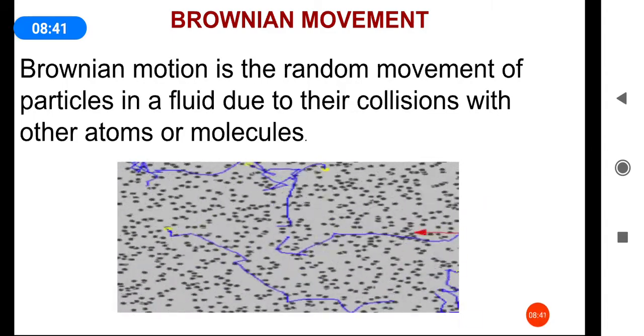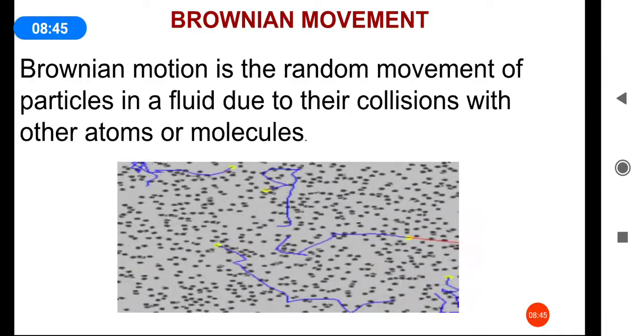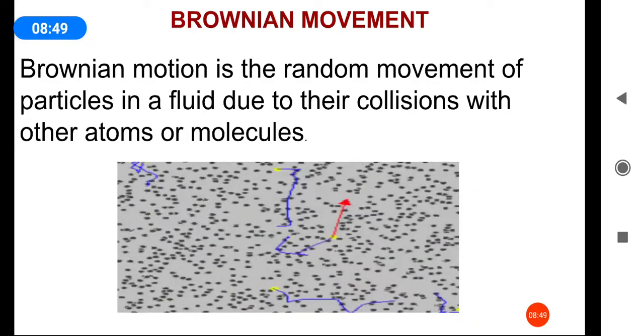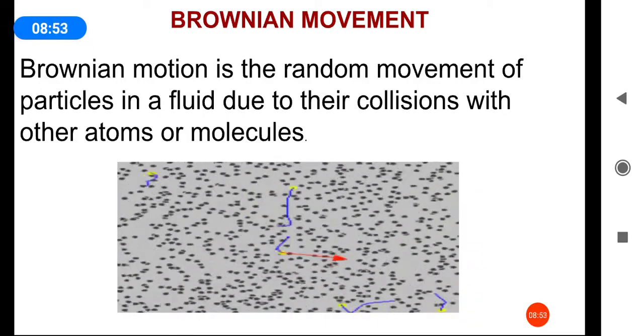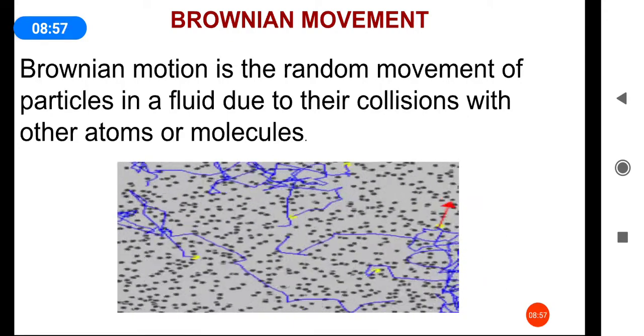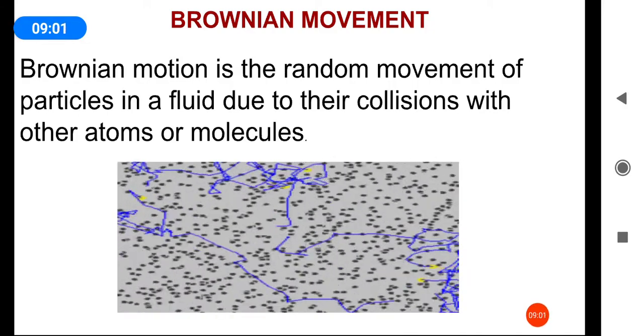Brownian movement. Brownian motion is the random movement of particles in a fluid due to their collisions with other atoms or molecules. Normally, the molecules in the medium collide with other particles.